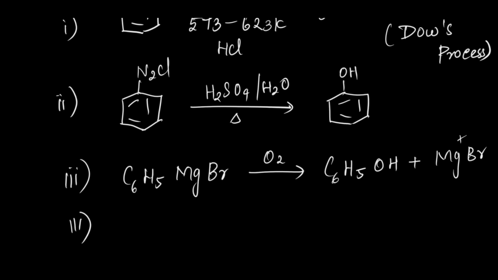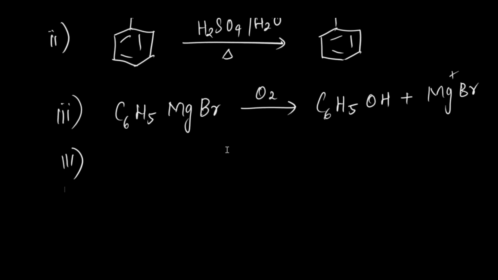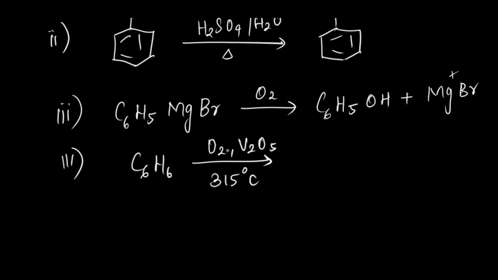Then the fourth method, an industrial method to prepare phenol, where I am using benzene with vanadium pentoxide at 315 degrees Celsius, which leads to the formation of phenol.